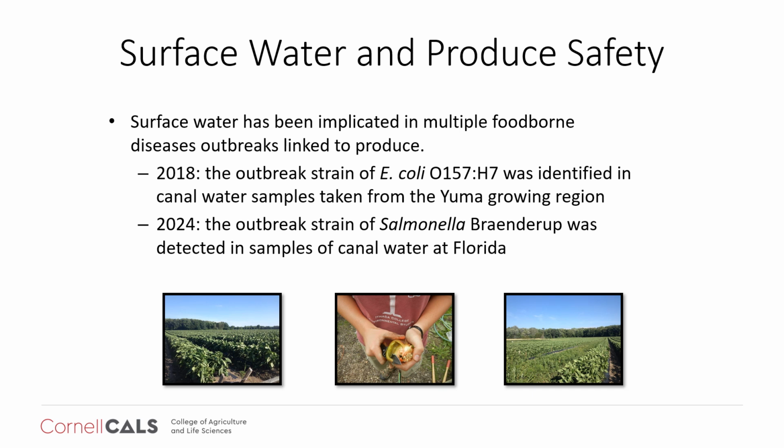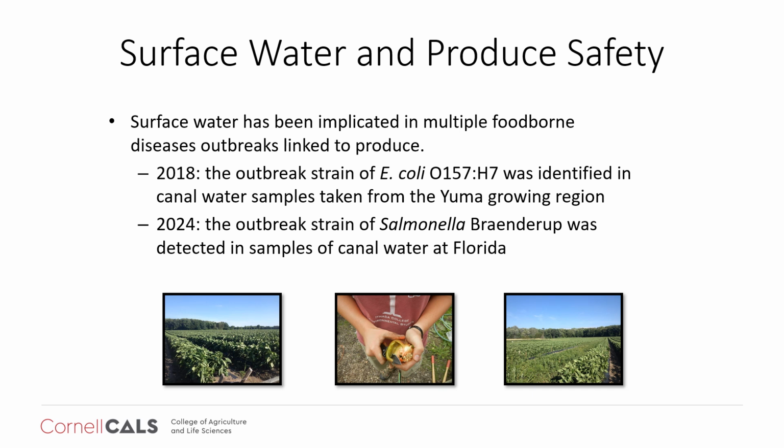Recently, surface water has been implicated in multiple foodborne disease outbreaks linked to produce. In 2018, there was an E. coli O157:H7 outbreak in romaine lettuce at Yuma, Arizona, and they found outbreak strains in the irrigation canal. In addition, in 2024, a Salmonella outbreak was identified and sourced back to cucumber grown in Florida.